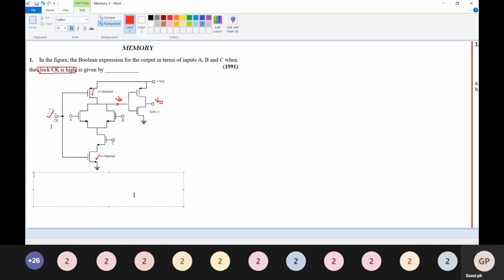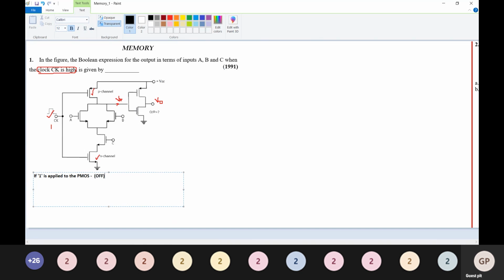Okay. So if one is applied to the PMOS, what happens? It is in off condition.